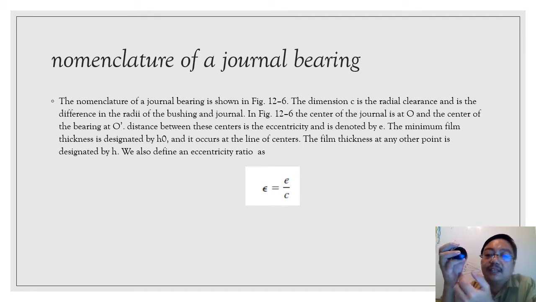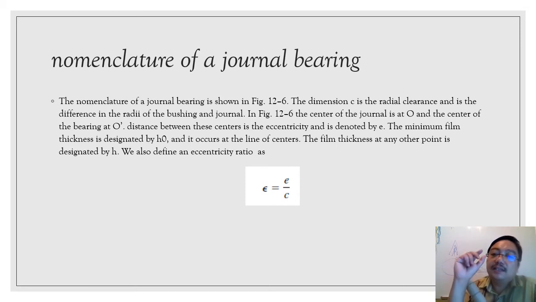The difference between the center positions is called eccentricity, given by this equation. C is the clearance, e is eccentricity.